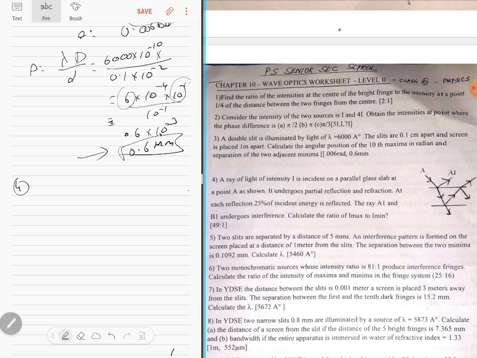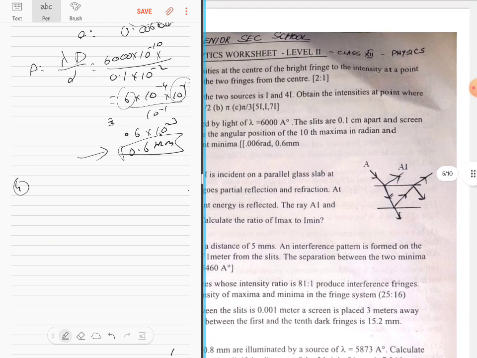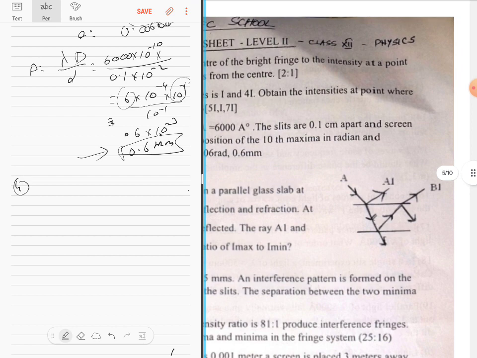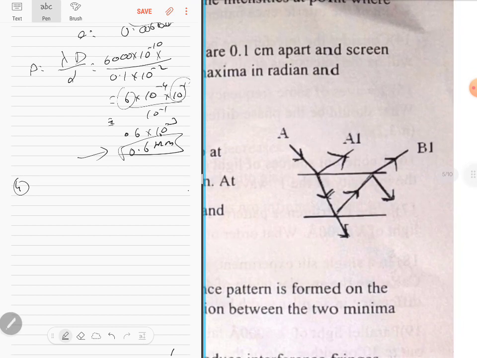The rays A1 and B1, where is B1? They have not even given where is B1. Oh, there it is. Which means the first ray which is coming in is getting partially reflected as A1 and getting refracted. The refracted ray is again partially reflected, and that gets refracted as B1.